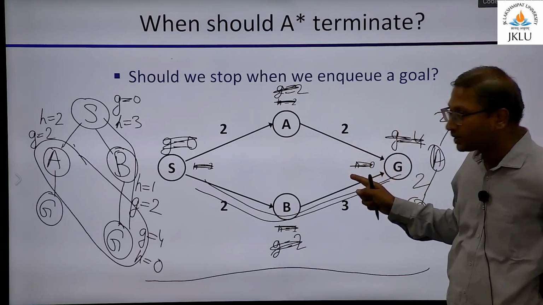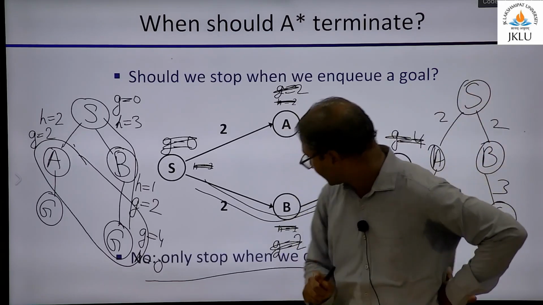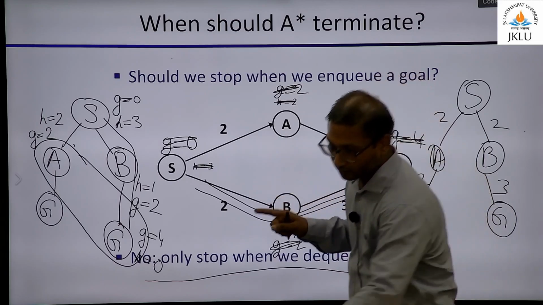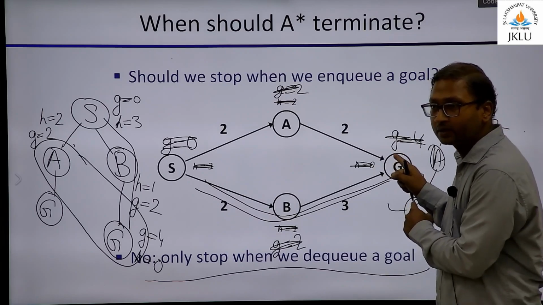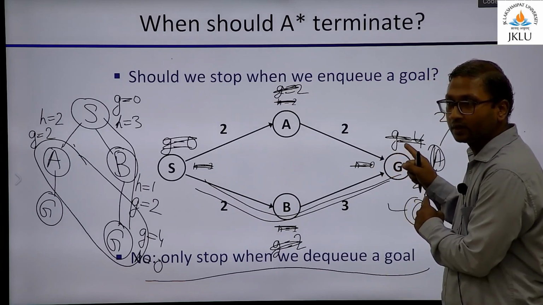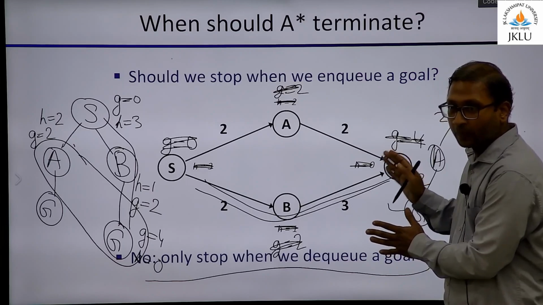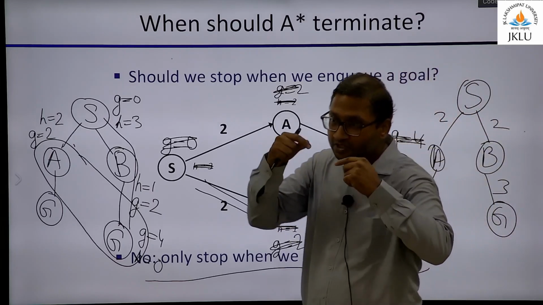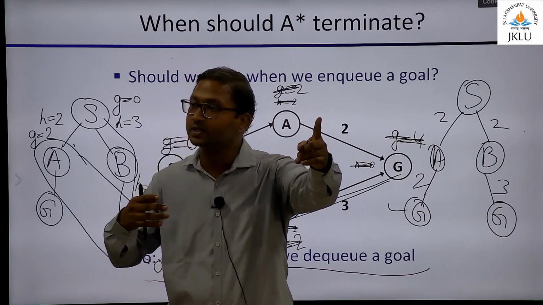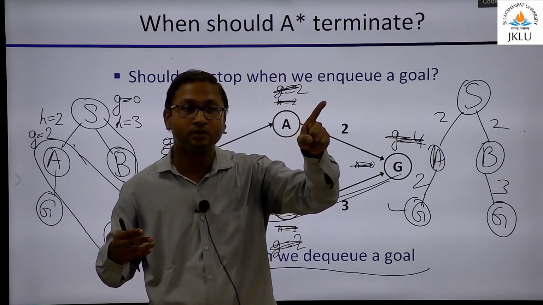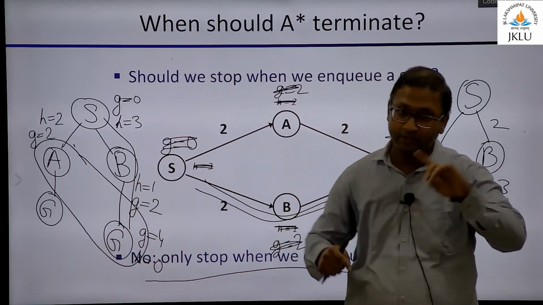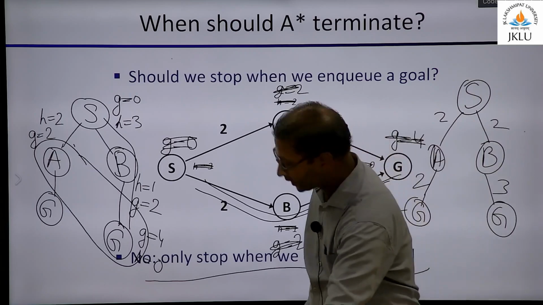And specifically the problem was that a goal can be enqueued, but that does not mean that whichever is enqueued first is the optimal one. But which one is optimal? The one that gets dequeued first, okay?